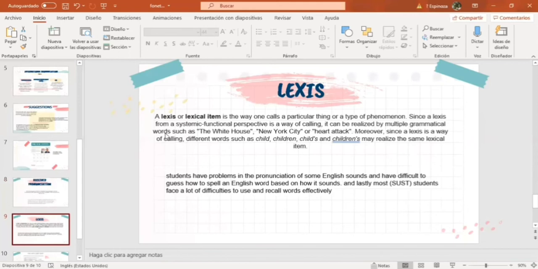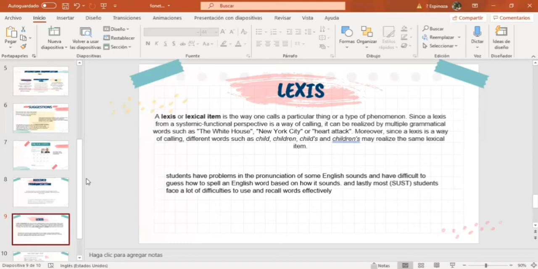We have lexis, another problem. Lexis, or lexicon, is the way of calling a particular thing or a type of phenomenon. Lexis from a systemic functional perspective is a way of calling.